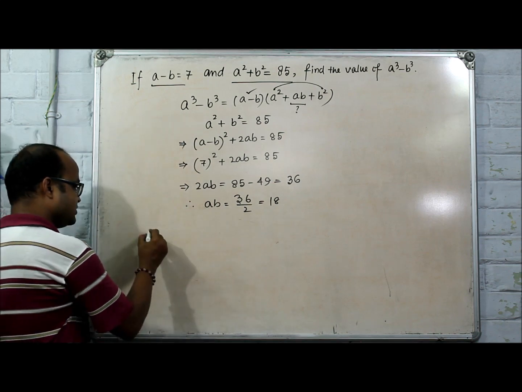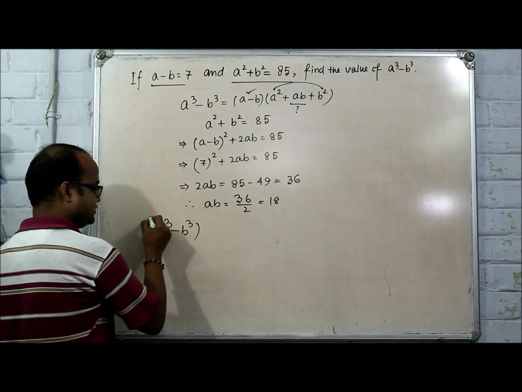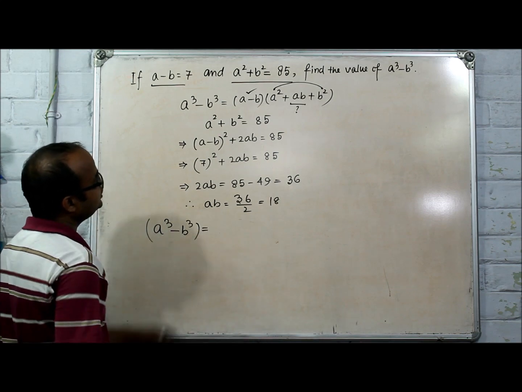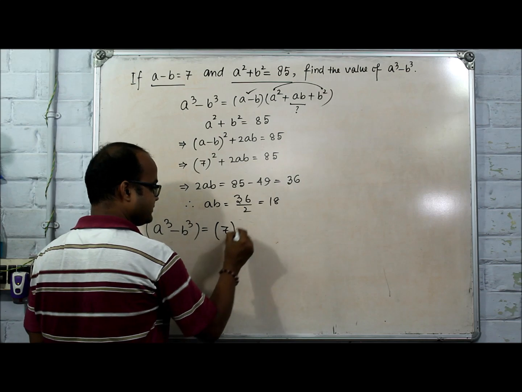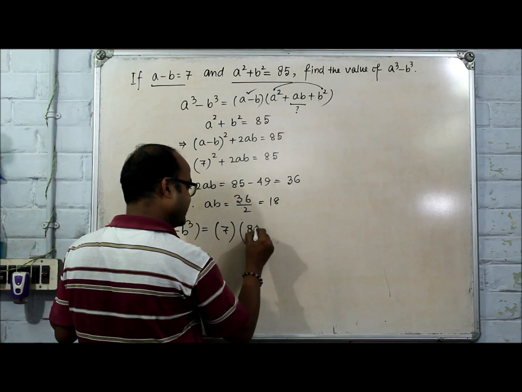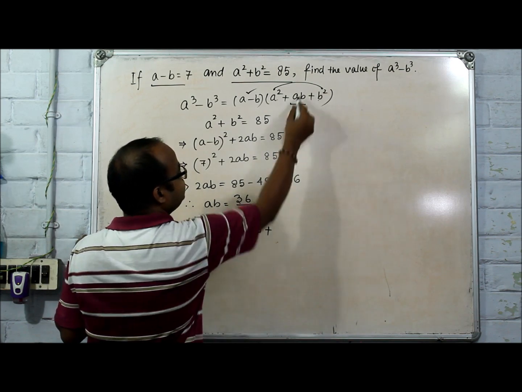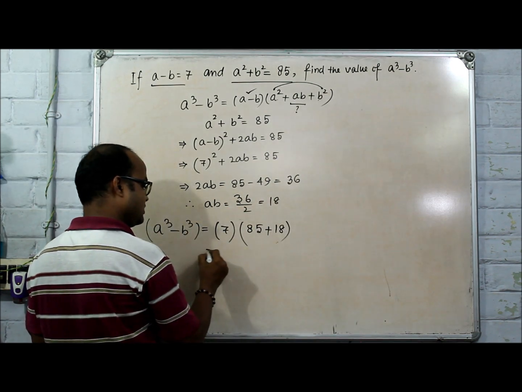Now write this term and substitute all the values. So a cube minus b cube is equal to a minus b, a minus b means 7, into a square plus b square, which is 85, plus ab, means plus 18. Clear?